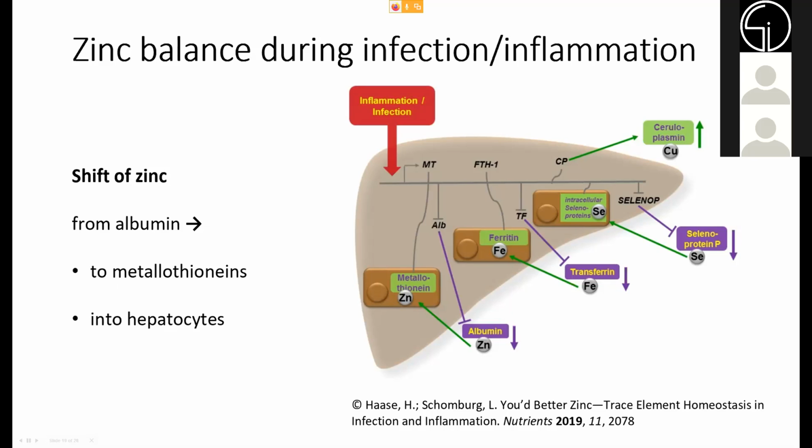So the zinc gets accumulated in hepatocytes and is bound in cells to metallothioneins. So there will be less zinc available for the immune functions in a high inflammation or high infection state.